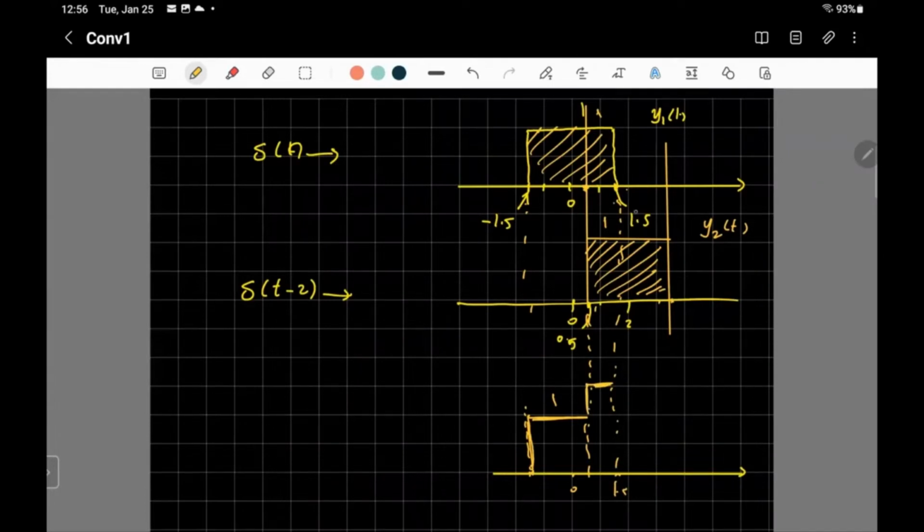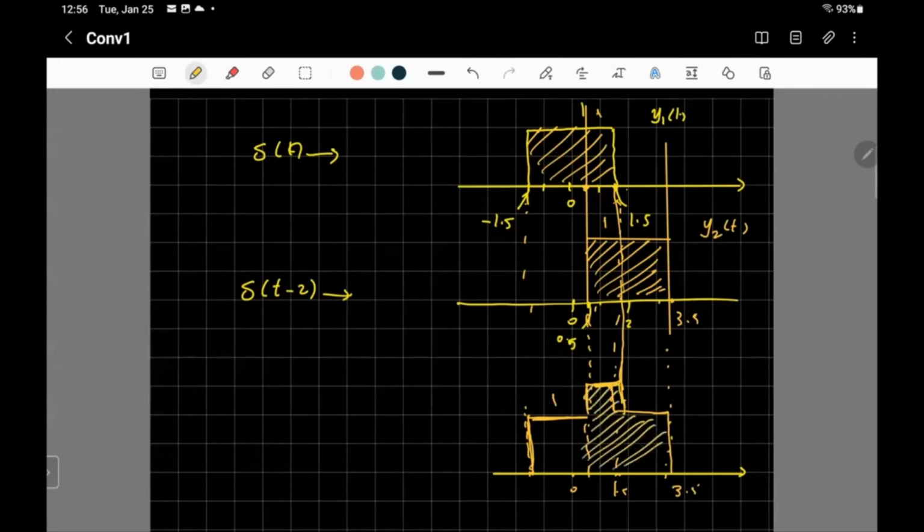And from 1.5 up to 3.5, it will go back again to 1. Exactly. When they intersect, that's right. Let me just make it clear here.